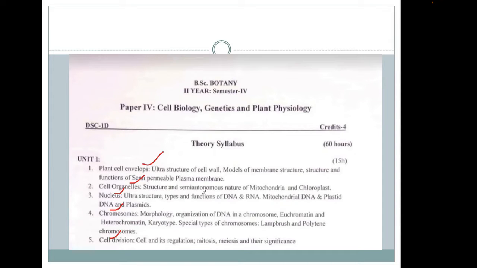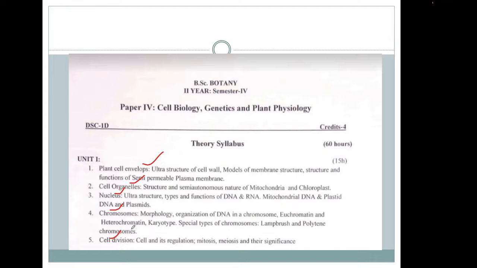In this unit, most of the long questions in your examination come mainly from the plasma membrane and nucleus, structure of the nucleus and function of the DNA and RNA, difference between DNA and RNA and chromosomal structure, special types of chromosomes and cell division.